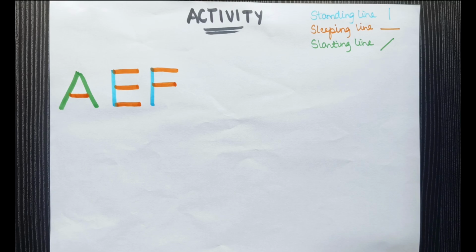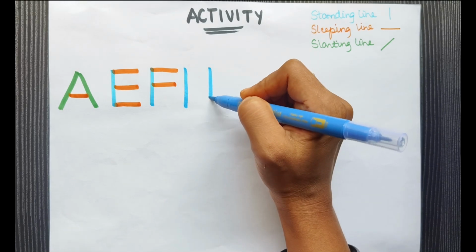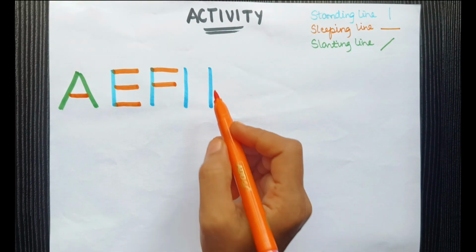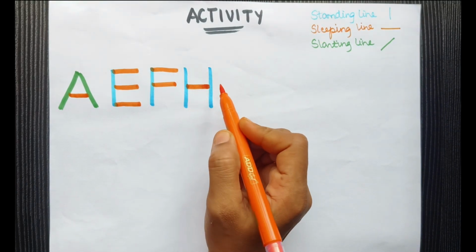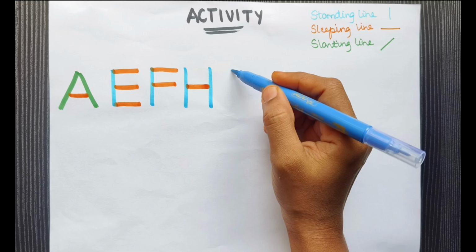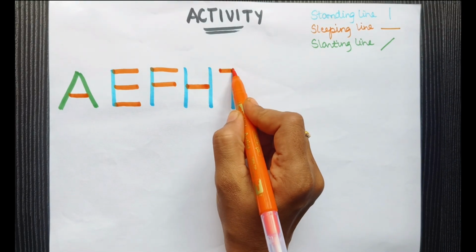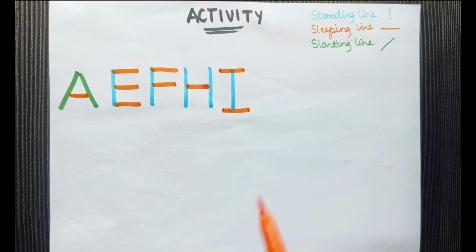H. H is formed using two standing lines and one sleeping line. Standing line, sleeping line. I is formed using two sleeping lines and one standing line. Standing line, sleeping line.